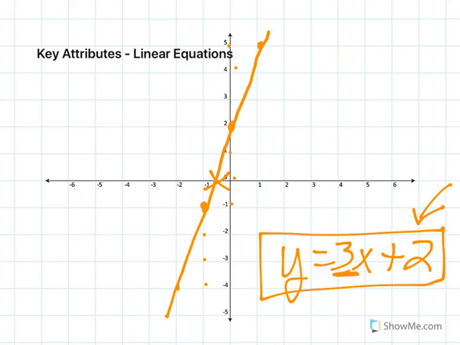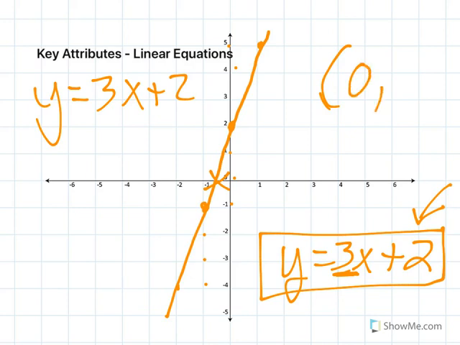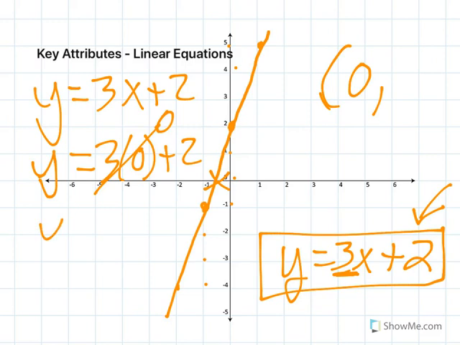If you take this equation here, y is equal to 3x plus 2, and I set x equal to 0, you know that's going to be the y-intercept when x equals 0. So y is equal to 3 times 0 plus 2. Okay, this goes to 0, so you get y is equal to 2, which makes sense. There it is right there.